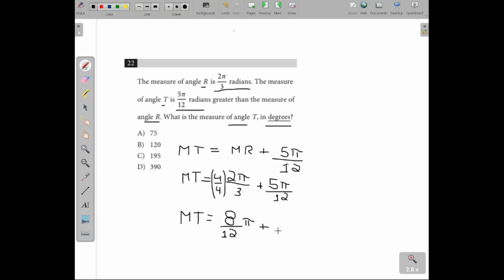Pi plus 5 over 12 times pi. Now we just add these values. 8 plus 5 is 13 divided by 12. That's the measure of angle T. And this is in radians.